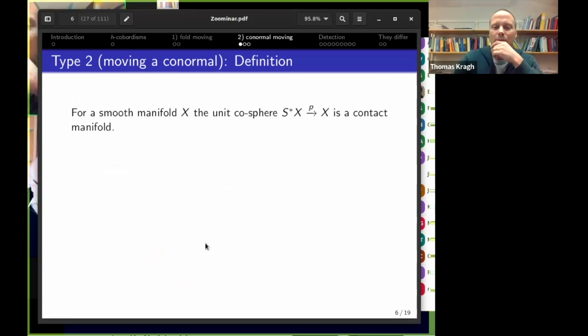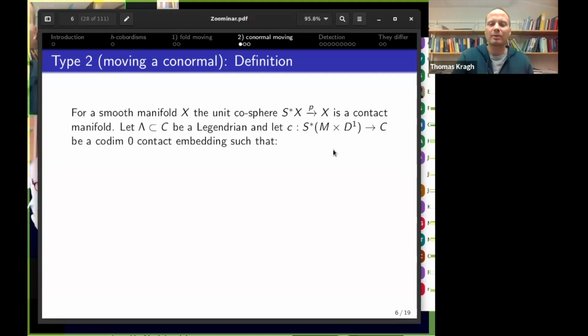And what we start with is we consider the contact manifold of the unit cosphere of some smooth manifold. But then we take, again, a general Legendrian inside a contact manifold.